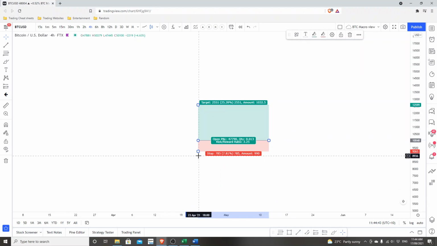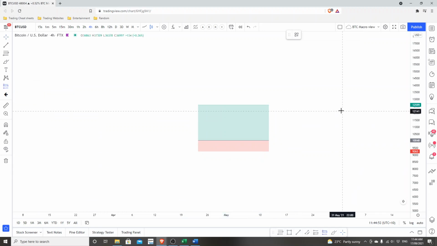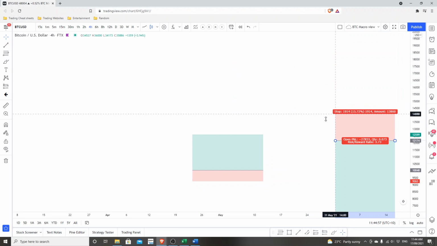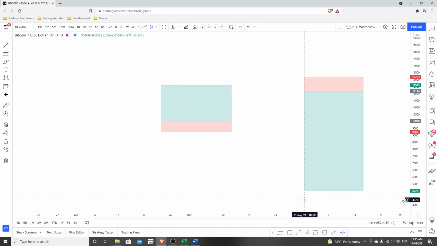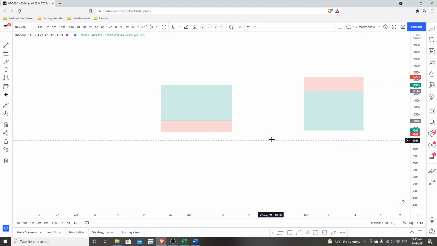So that is a position size calculator on TradingView. There is a long. Follow the cursor, the arrow there, a long position and a short position there. Short position works the same way, it's just that you are shorting the market. So you're saying the price is going to go down if you're short the market.